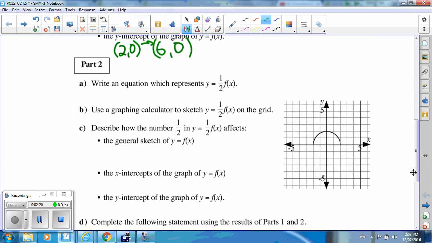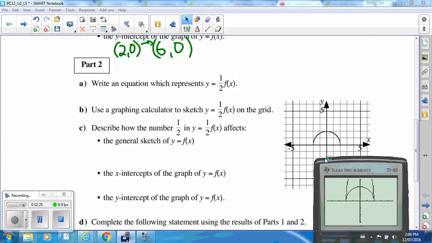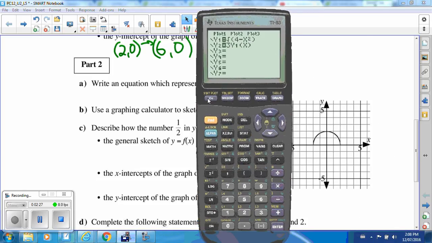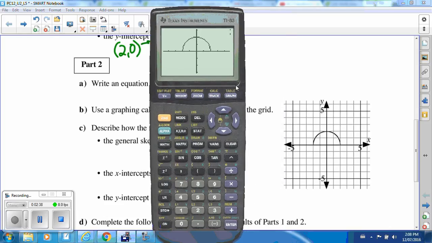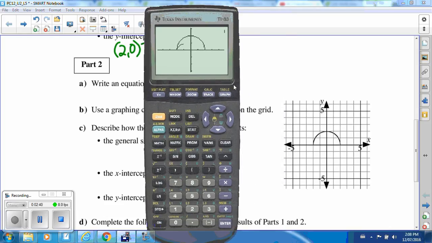Same thing here, except now I'm going to do 1/2 f at x. So I'm just going to go back into my calculator, and down here insert bracket 1/2. I could have also typed 0.5. Delete that, graph it, and we can now see it's gotten shorter instead. Kind of a compression.